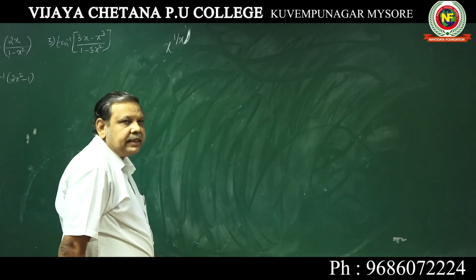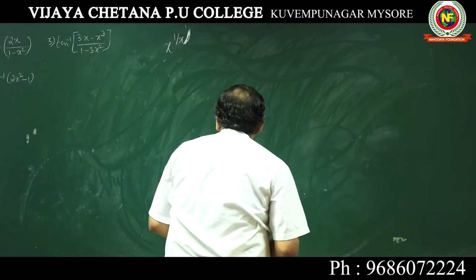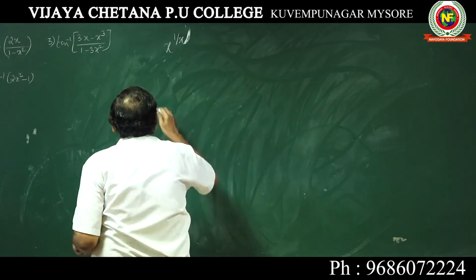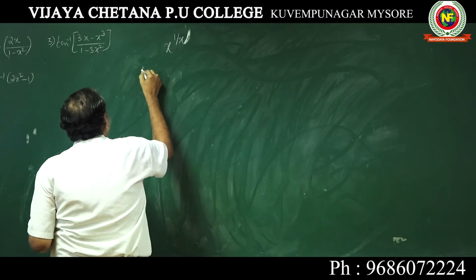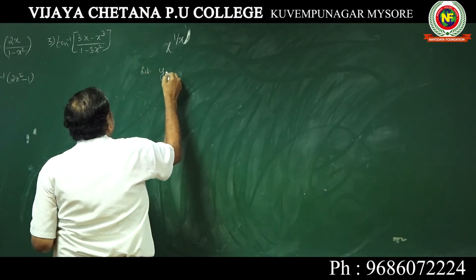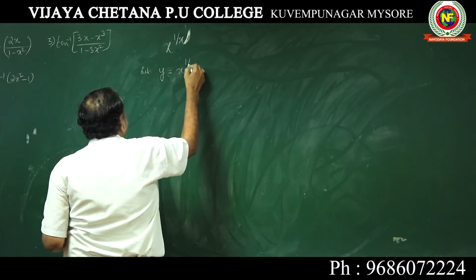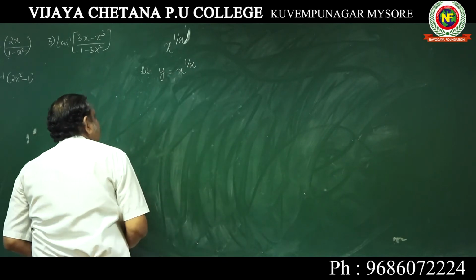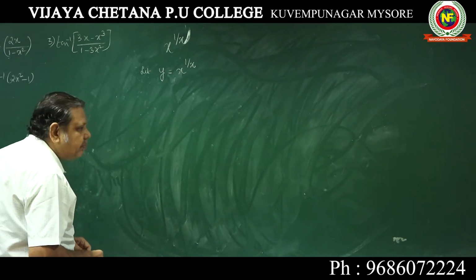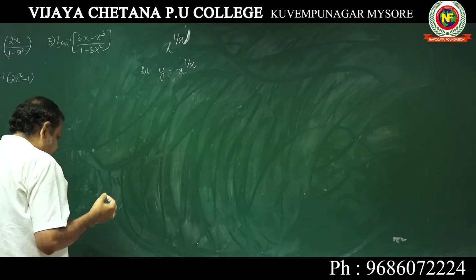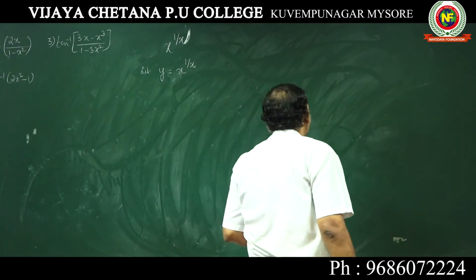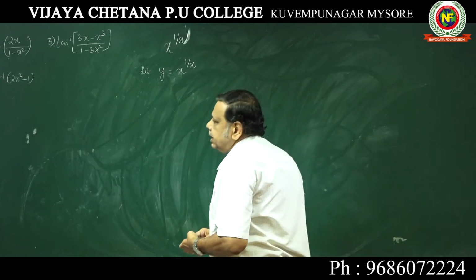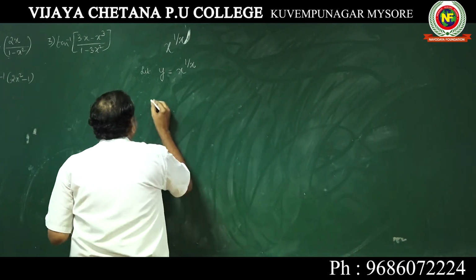So it is nothing but differentiation of an index power, a logarithmic function. Now let y is equal to x to the power of 1 by x. You should write: let y is equal to x to the power of 1 by x. I told you the first thing is to identify it as a logarithmic function. The first procedure is to take logarithms on both sides.